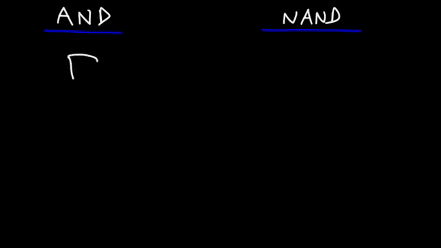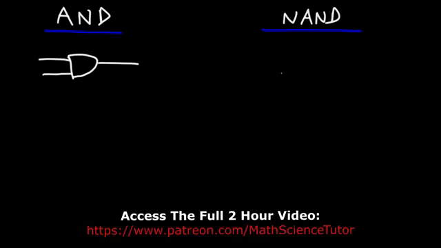Now I want to talk about the NAND gate, but let's compare it with the AND gate. The NAND gate is basically the complement of the AND gate. So here is the symbol for the AND gate. The NAND gate symbol looks very similar. The only difference is we're going to have a circle at the end.